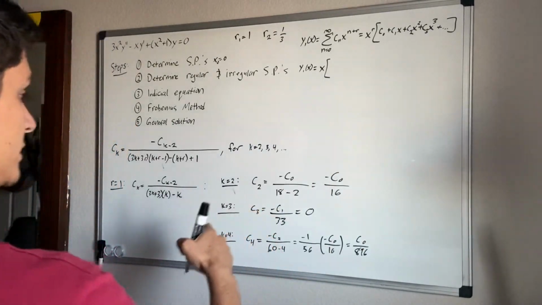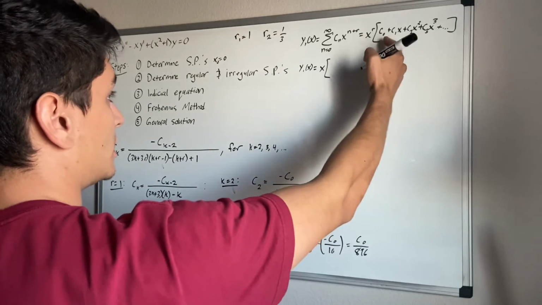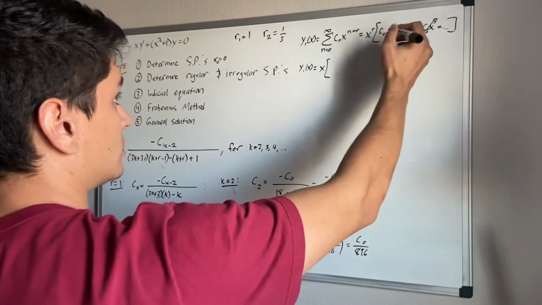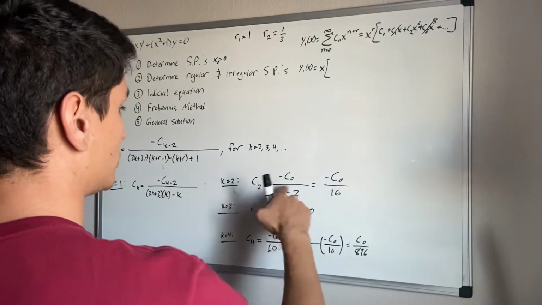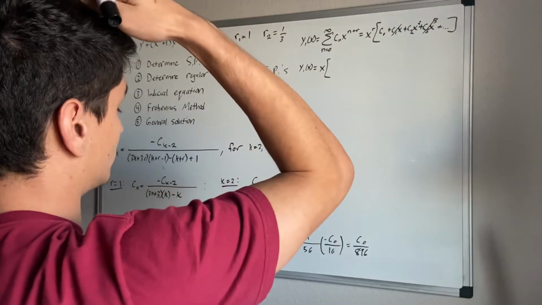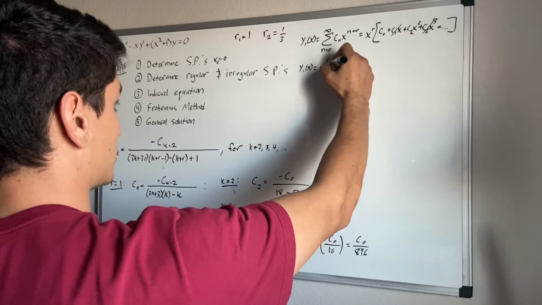Now c0 is going to be c0, c1x is 0, c3x is 0, c2 is going to be negative c0, so we can factor out a c0 here, and every term that has a c0 in it is going to turn into 1.